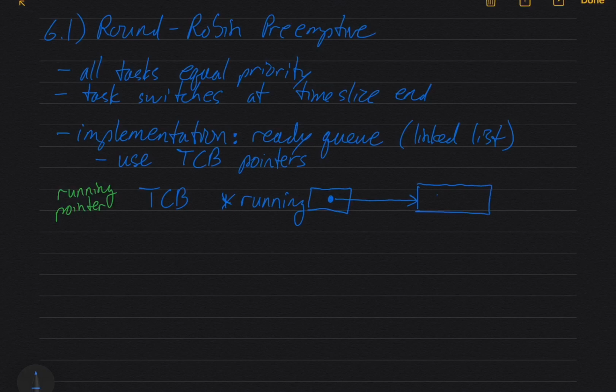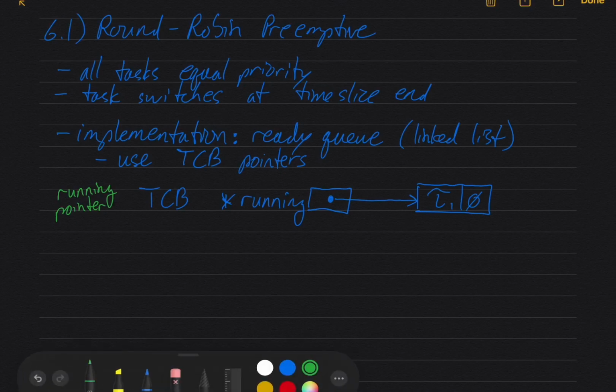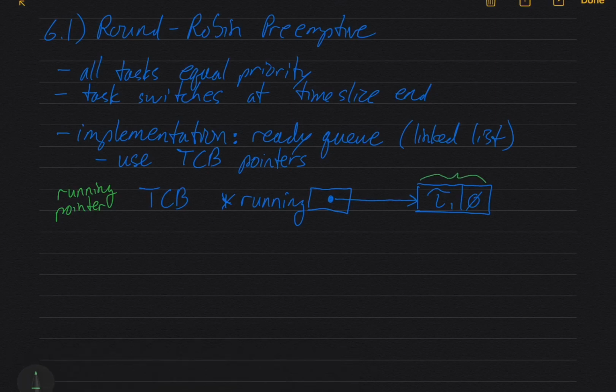And so let's just say that task 1 is currently executing, and there's a whole bunch of other information in that task control block, but what we're interested in are the pointers, and it's going to have a null pointer because it's basically a list of 1. So this whole structure here is the task control block.